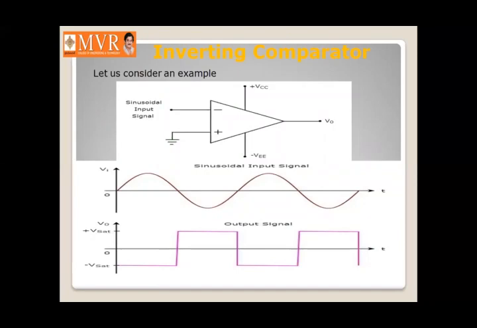In this example, we are considering an input signal, a sinusoidal signal, which is given to the inverting input terminal of the operational amplifier. And the non-inverting input terminal, we have made grounded.